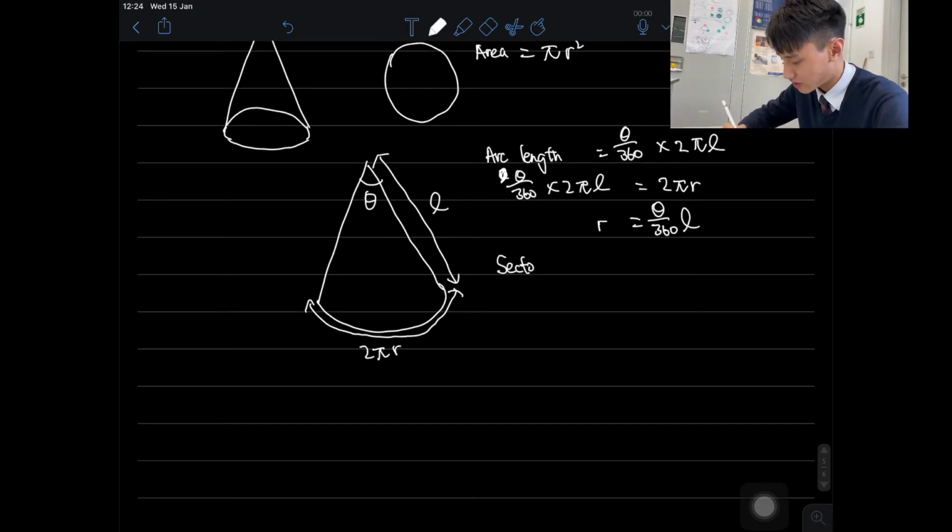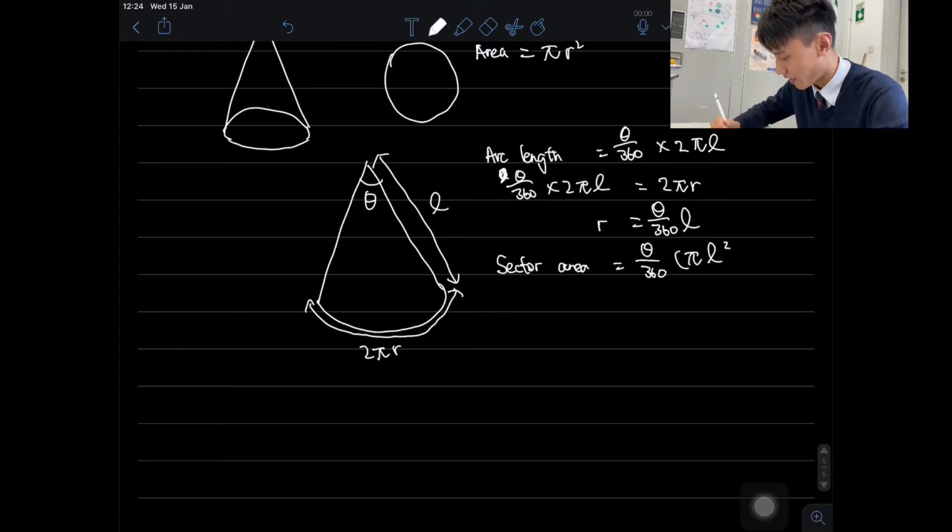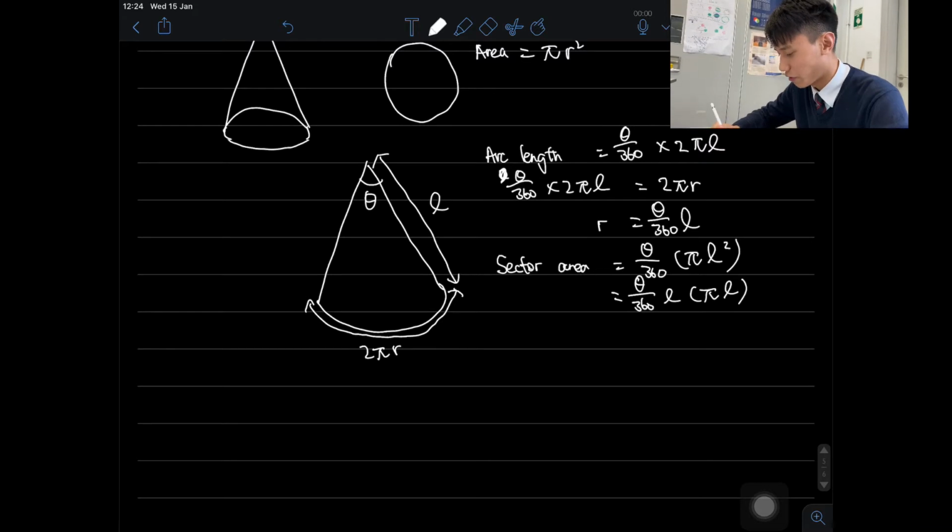And then the sector area would be theta over 360 times pi L squared, which will equal theta over 360 times L times pi L. And as we know, r is equal to theta over 360 times L, which is this thing.